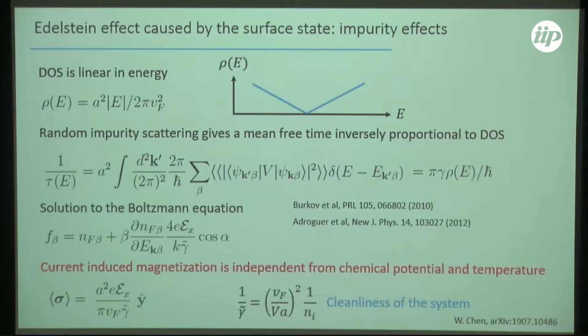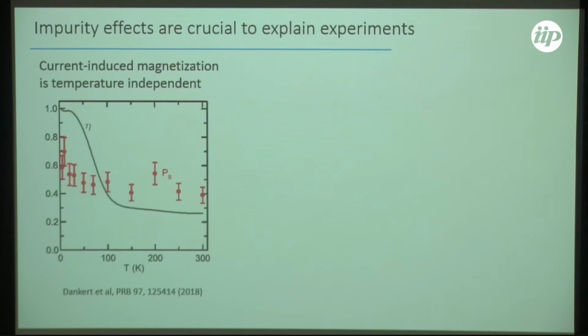field-induced spin accumulation. Now, what I mean to say is that this simple-minded calculation seems to agree pretty well with experiments. For instance, in this Denkart et al. experiment, they measure the temperature dependence of this field-induced spin accumulation, and as shown here in the red dots, it seems to be pretty temperature independent.